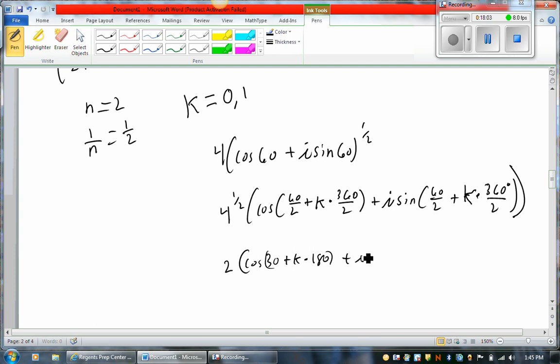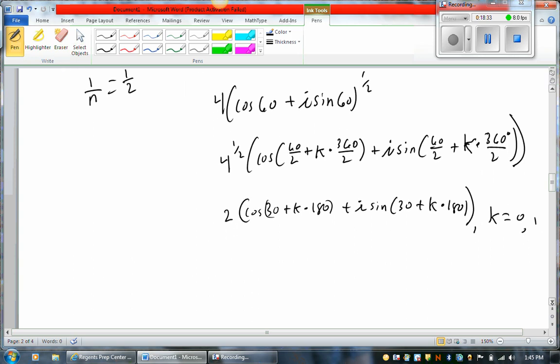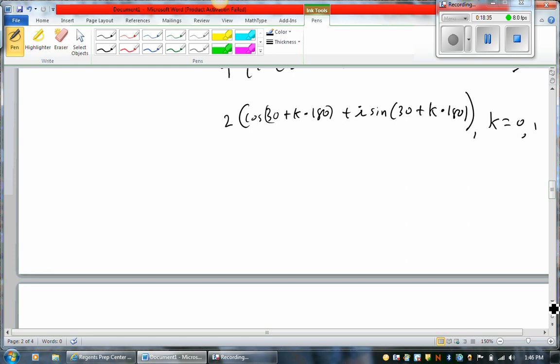Plus i times sine of 30 plus k times 180, when k, as we stated earlier, is 0 or 1. This means we have two cases. We have two different roots.